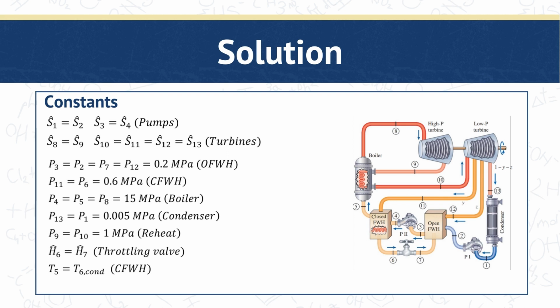We have a throttling valve. Throttling processes have isenthalpic changes, meaning that the enthalpy is equal. Therefore, H6 is equal to H7. And lastly, the condensation temperature of stream 6, when stream 11 is condensed, is equal to the outlet temperature T5.